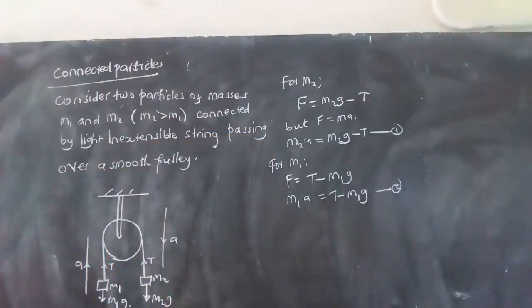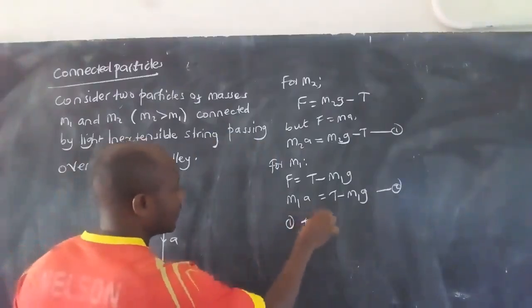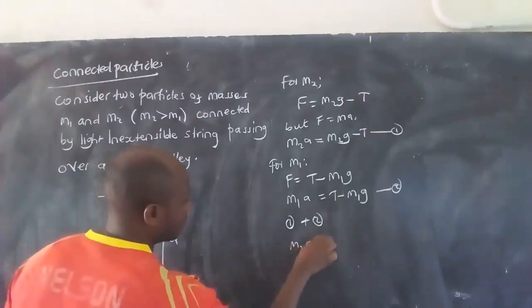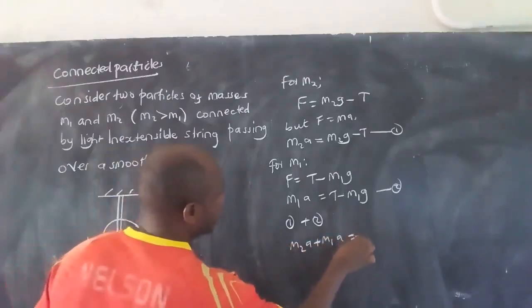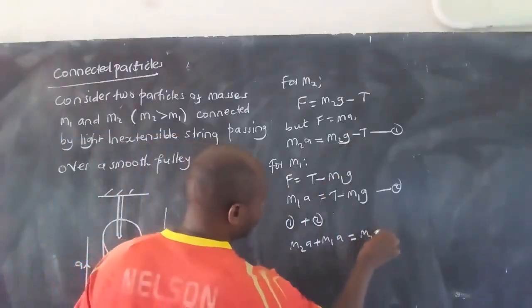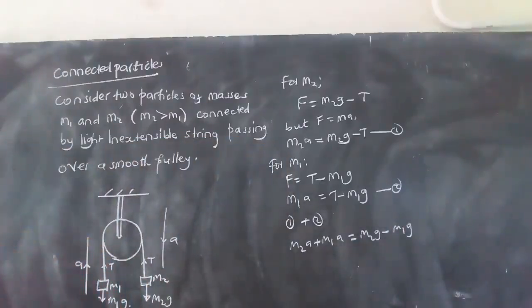Now from 1 and 2, by adding them, 1 plus 2, the tension will disappear. So we shall have m2a plus m1a equal to m2g minus m1g. It is the tension which has disappeared.